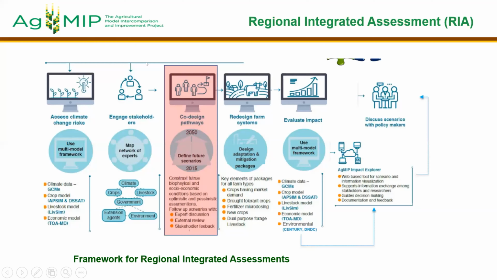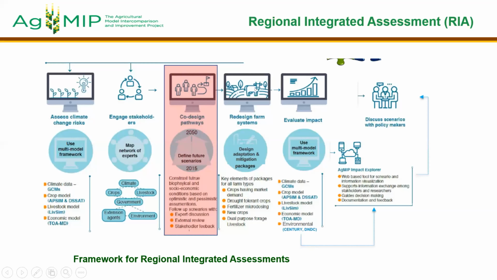Then we follow up with an engagement process with stakeholders. This helps to inform co-designing of defined agricultural production systems or scenarios, taking into consideration the biophysical, socioeconomic, and technological factors. This is done with the help of experts, review of strategic documents, and receiving feedback from stakeholders.